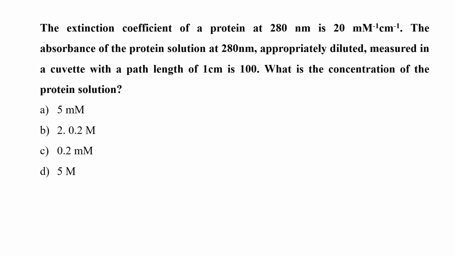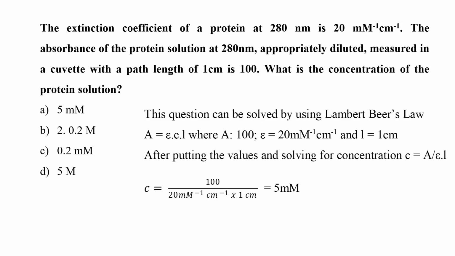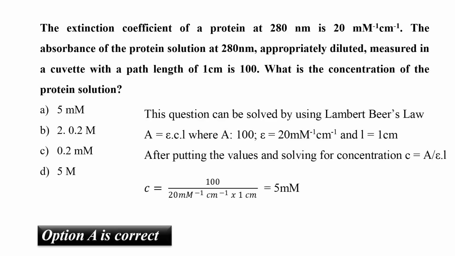If we solve this question, then we will find that the Lambert-Beer law is very easy to use in this case. Here we are being given the absorbance, that is 100, the molar extinction coefficient, that is 20 millimolar inverse per centimeter inverse, and the path length is 1 centimeter. If we solve it, the concentration comes out to be 5 millimolar, that is option A.